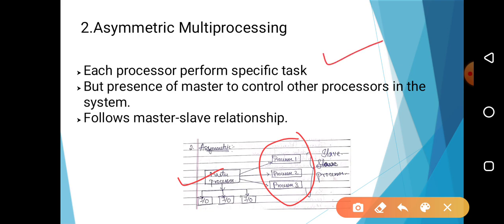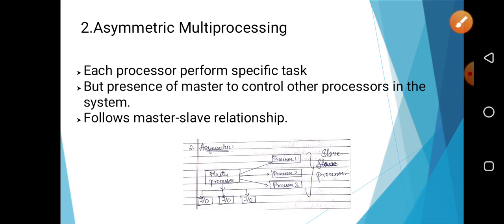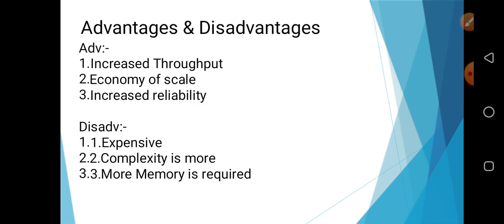Each processor performs the specific task assigned to it. But the presence of a master processor is used to control the other processors in the system. It follows the master slave relationship, or as I said before, it will perform the task the same as a client server model in a computer network.